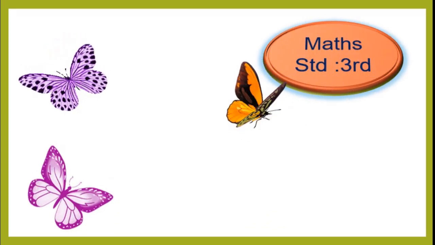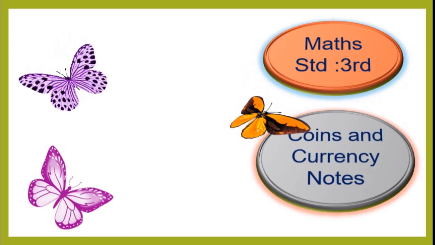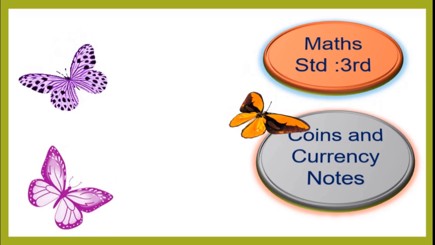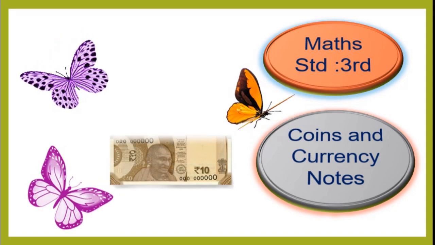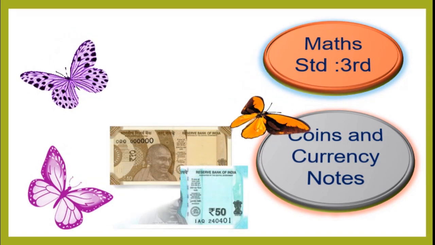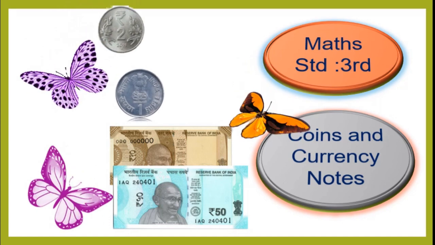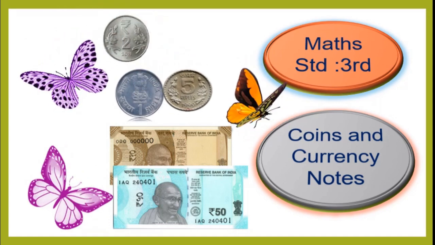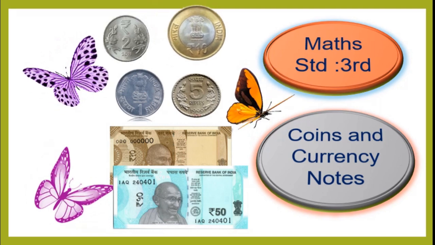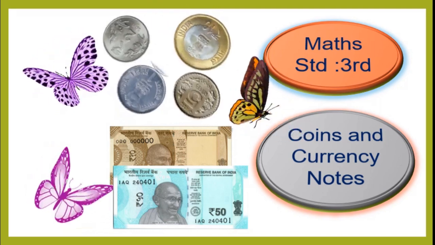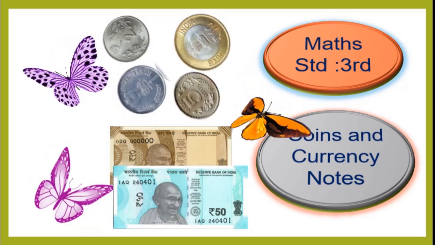Today's subject is Maths of Standard 3rd and the name of the topic is Coins and Currency Notes. This is part 2. In part 1, we studied about the notes and the coins of different values, and also how to add them or how to find out the total amount that we are having.